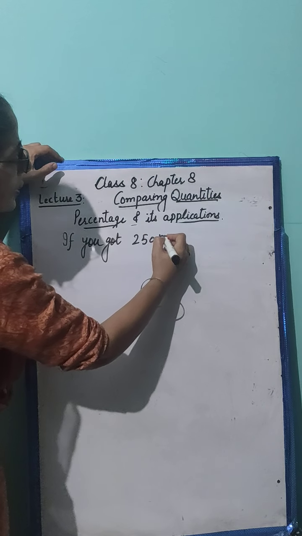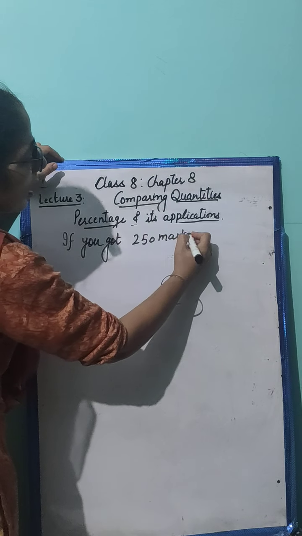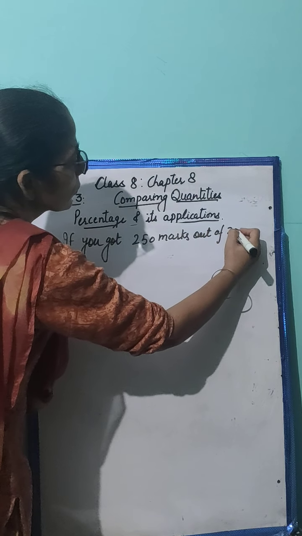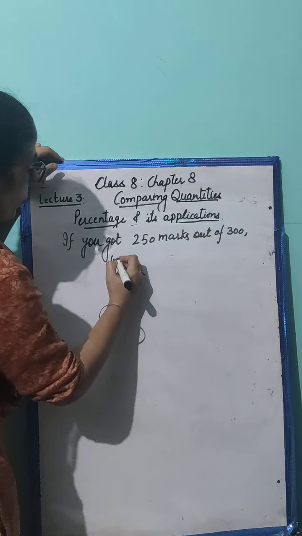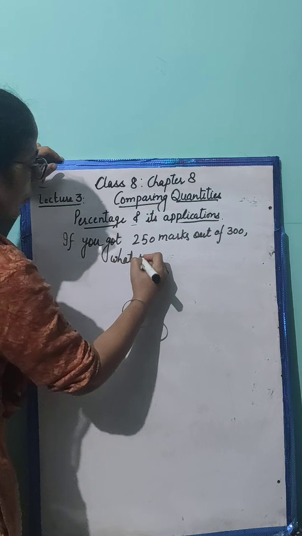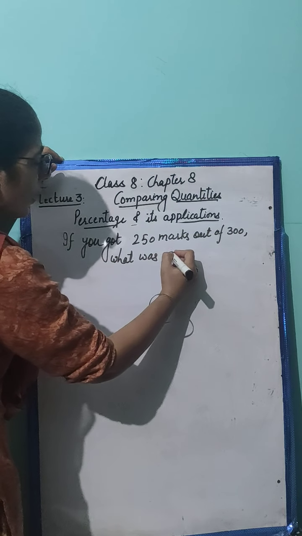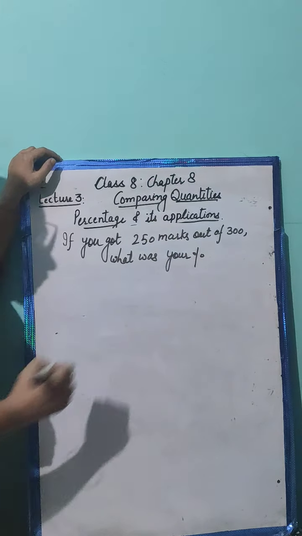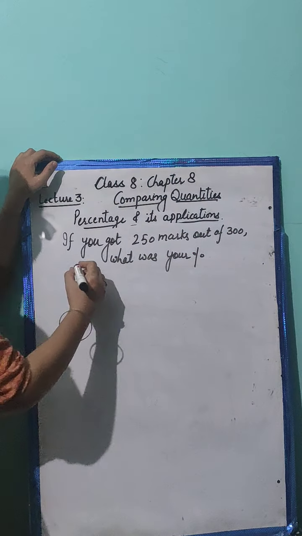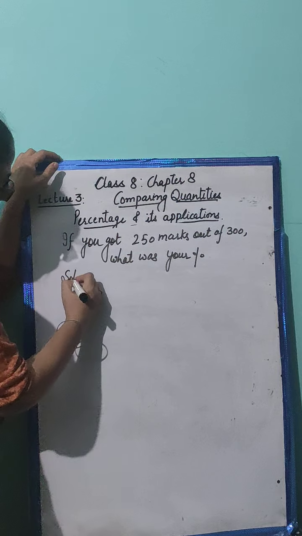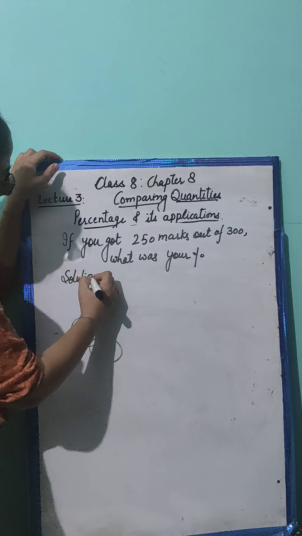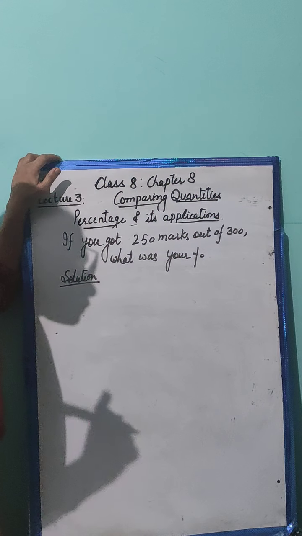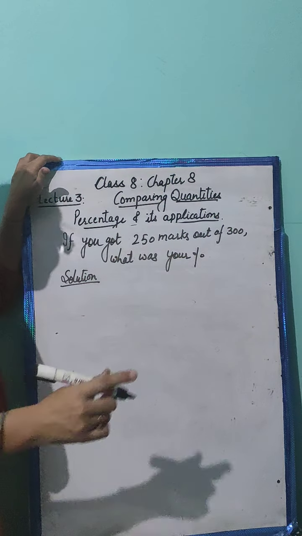If you got 250 marks out of 300, what was your percentage? So this is the practical application. Can you find out how to get the percentage? So after this question you will be able to find your percentage yourself.